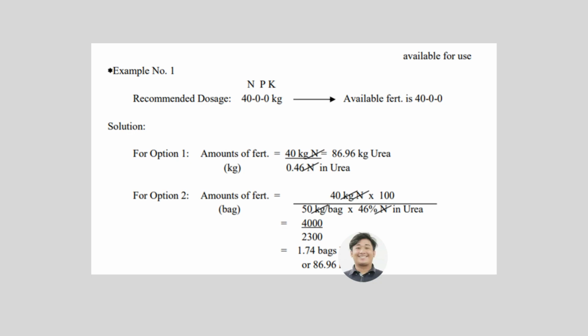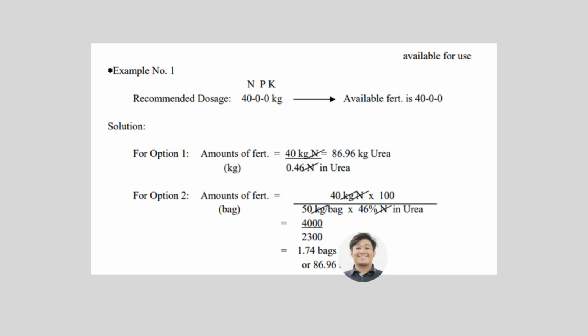In option 2, we'll solve it in bags. So the recommended dosage is again 40 kilograms of nitrogen times 100, you have 4,000, over 50 times 46, the percent of nitrogen in urea.